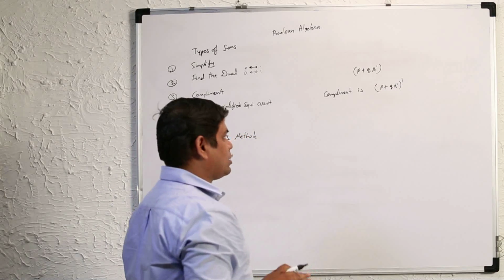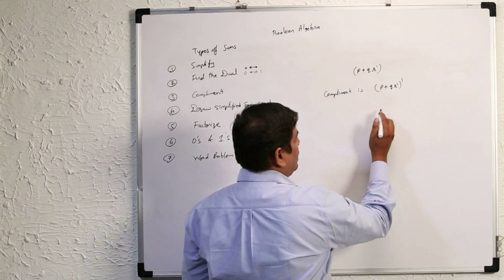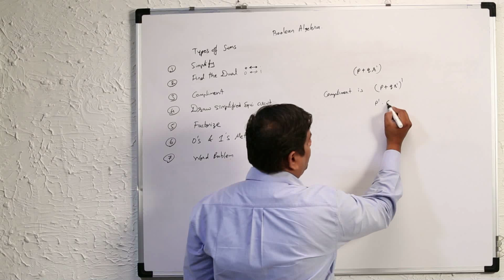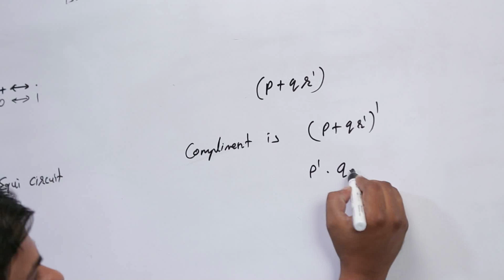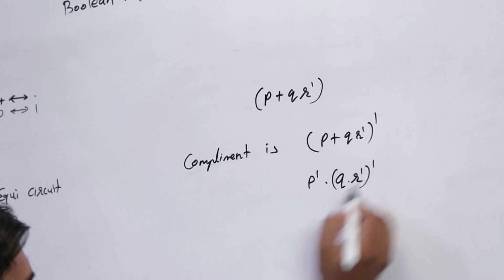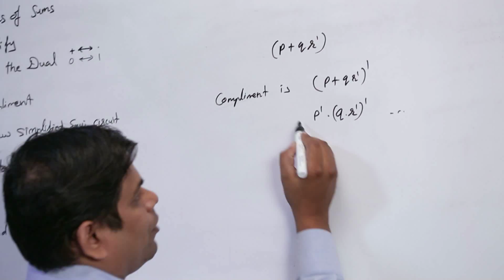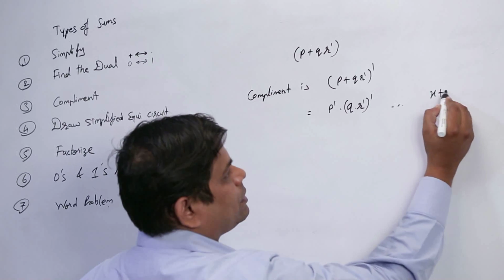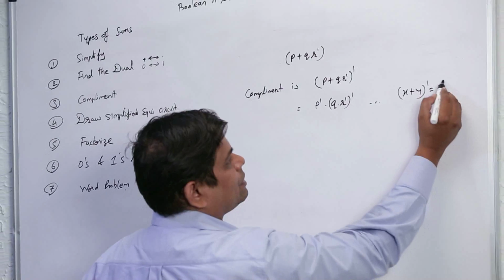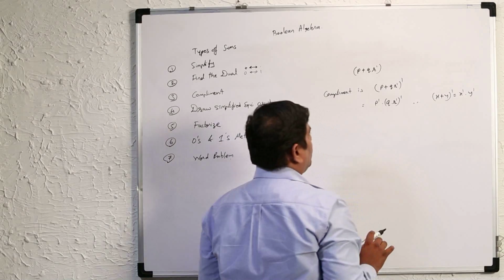Now you can use De Morgan's law and write this as P dash dot Q R dash the whole dash, where we use the property x plus y the whole dash is x dash dot y dash.